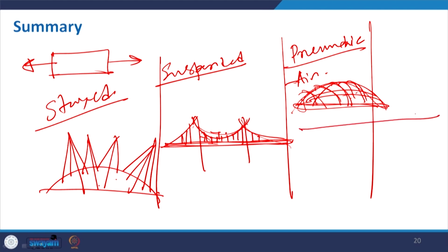Then also we discussed the truss. Some of the examples that we have seen in a stadium, where the fabric structure is used.